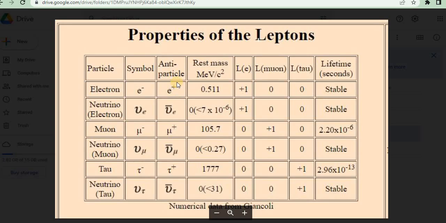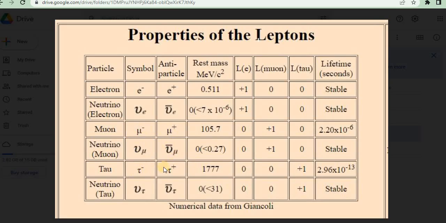Their antiparticles are: the electron is e minus, the antiparticle is e plus. Otherwise we use a bar on top to show the antiparticle. The difference between a particle and its antiparticle is only the charge. The mass and everything else is the same; only the charge differs. So for the muon, minus here, plus there.